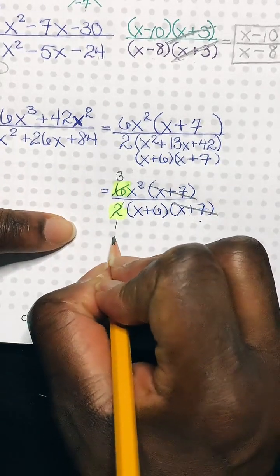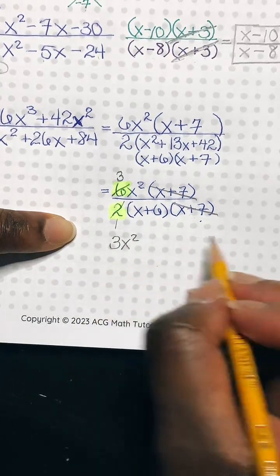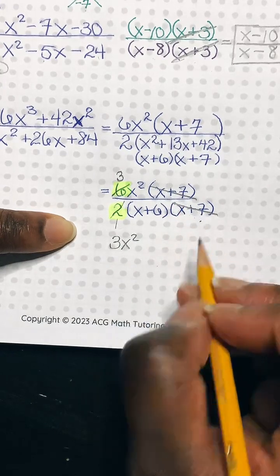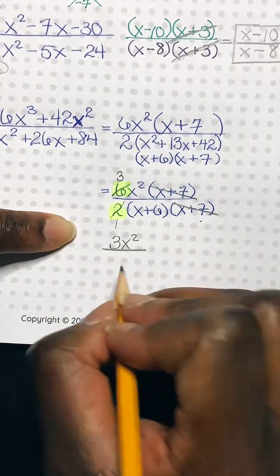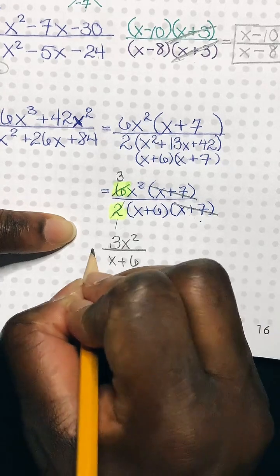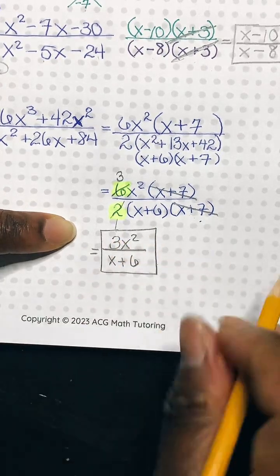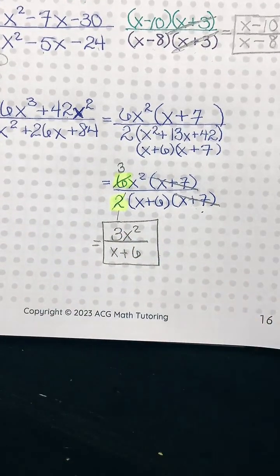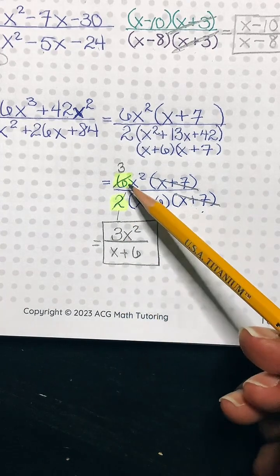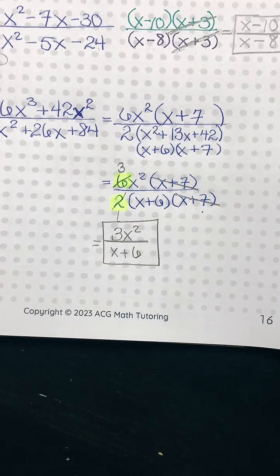So I'm looking at 3x squared, because that x plus 7 canceled out, over x plus 6. And this is my official final answer. So we had to take it one step further by looking at the coefficients and seeing if they can break things down.